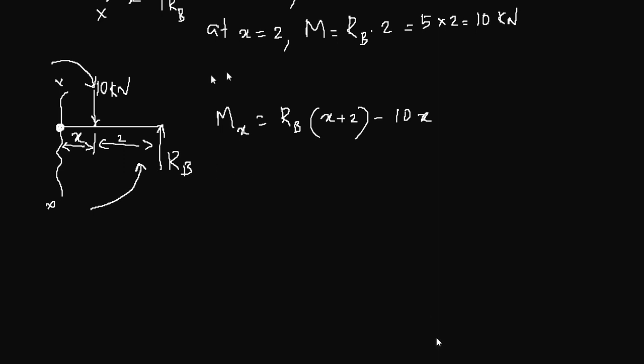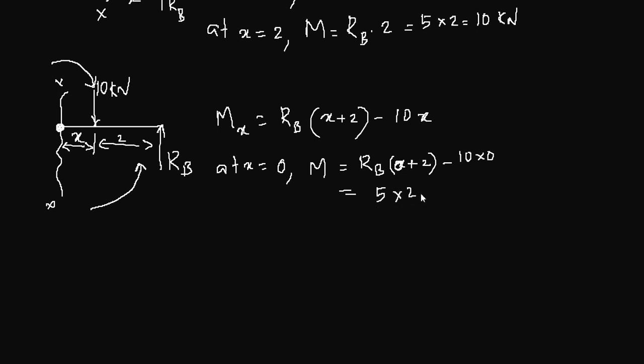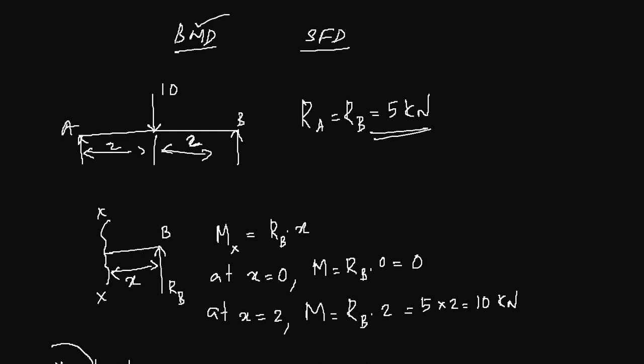Applying the same analogy as before, at x equal to 0, moment is RB times (0 plus 2) minus 10 times 0, that is 5 times 2 minus 0, that is 10. Once again, the maximum distance that x can have between these two force points is 2.